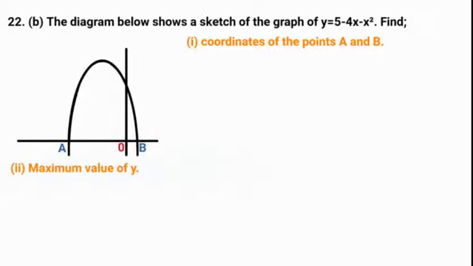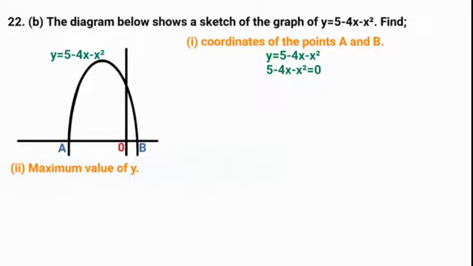We're going to use the equation in the question which describes the graph, which is y is equal to 5 minus 4x minus x squared. Let's write this equation here. The first thing we're going to do is change it to a quadratic equation: 5 minus 4x minus x squared is equal to 0.